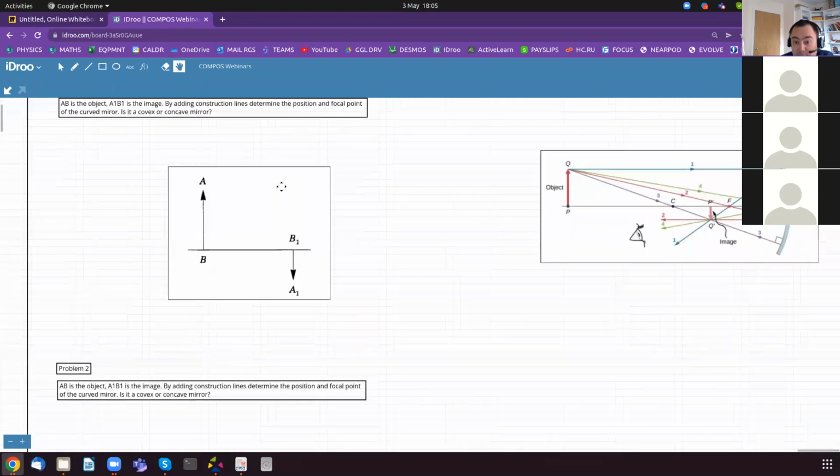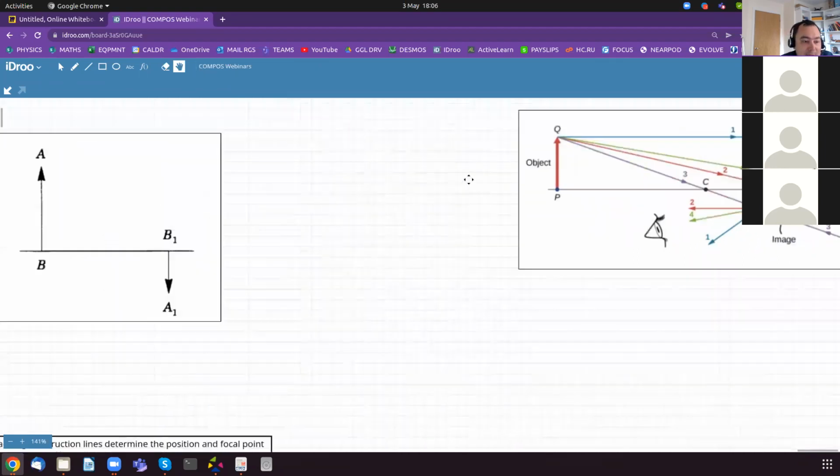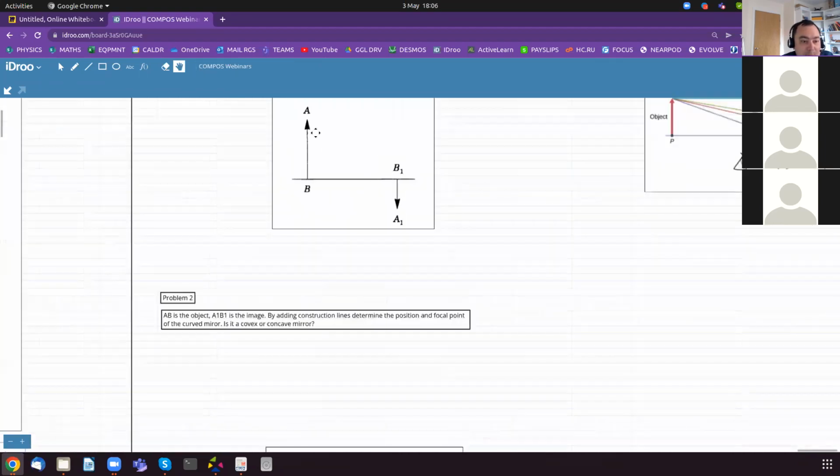From A to, absolutely. Well done, Thomas. This is the third interesting ray. So it goes from Q to Q prime, and it reflects on itself. So this line is always perpendicular to the mirror. That's a very good line to start with.